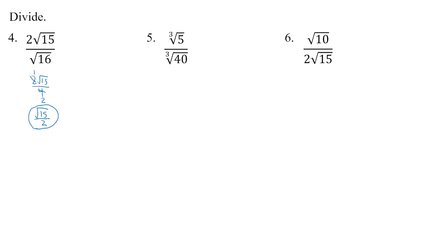All right, next we have the cube root of 5 over the cube root of 40. And you cannot really take the cube root of either one of them. However, you can still reduce. 5 goes into 5 one time, and 5 goes into 40 8 times.